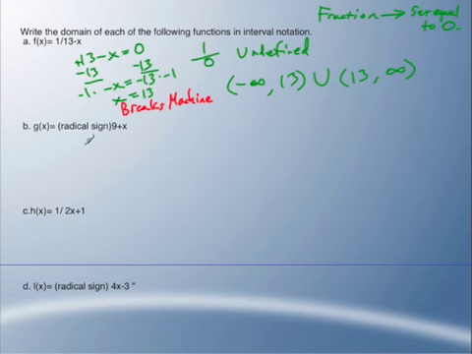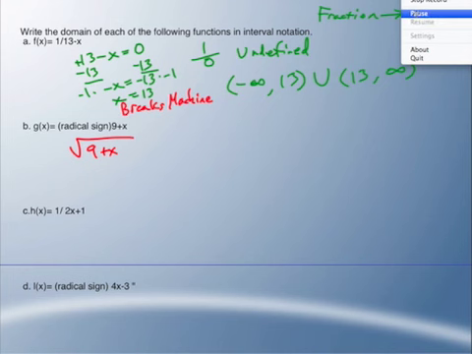Okay, g of x is a radical sign, and 9 plus x. So we have this radical 9 plus x. And remember from the notes we were saying that with the radical, we want to make it to where it's not going to give you a negative number.